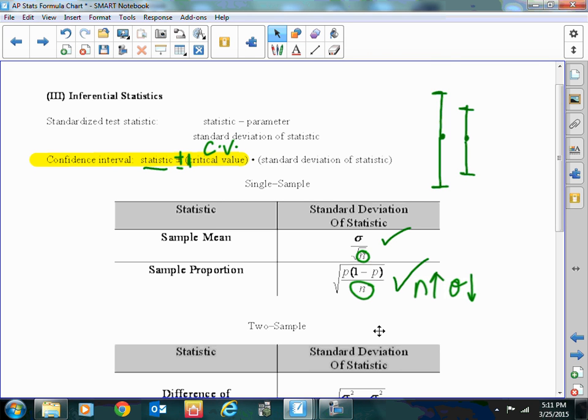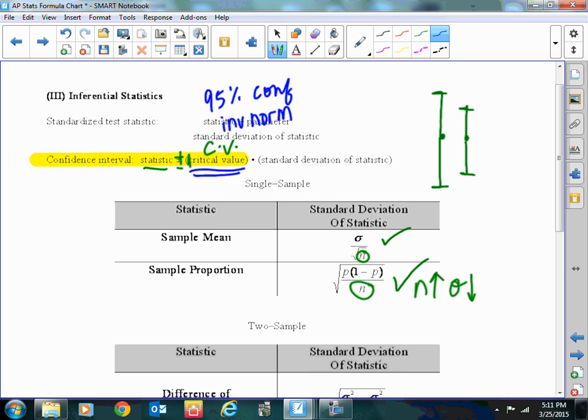So for our critical value, if you want to be, say, 95% confident, then your critical value is going to be inverse norm, if you're talking about a proportion problem, of the one tail, 0.025, and that's 1.96. Say you are 90% confident. That's going to be inverse norm of one tail, 0.05, and that would be 1.645.